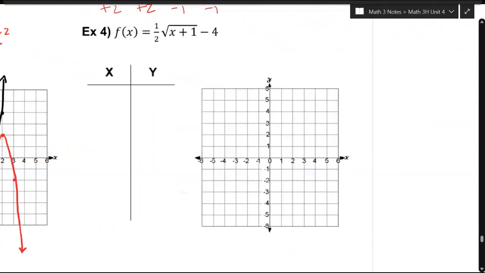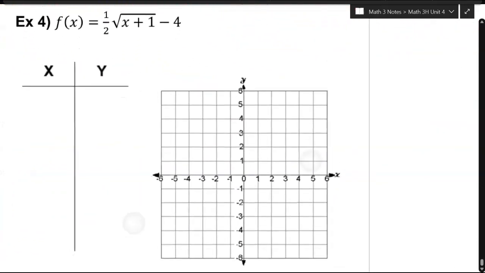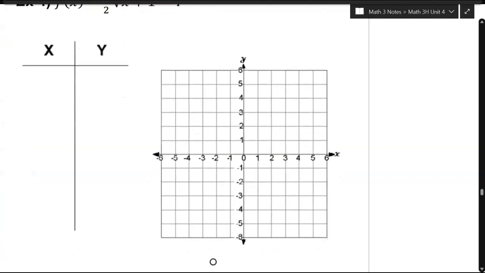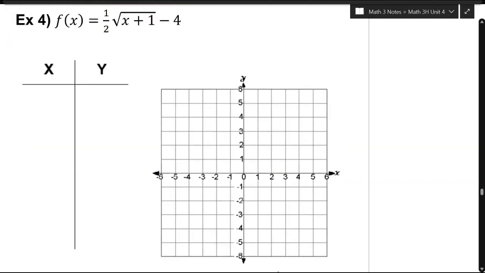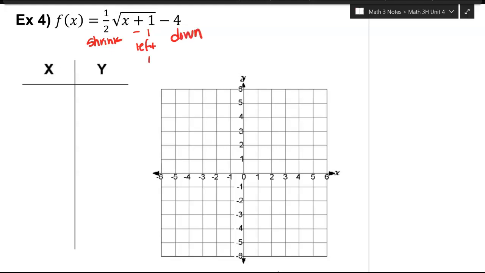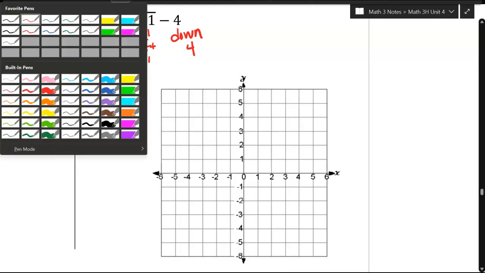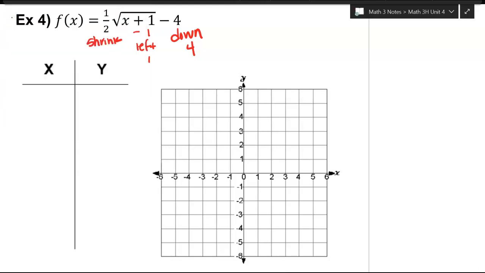All right, next one. Looking at our transformations, it's a 1/2, so it's smaller than 1, so it's going to be a shrink. We don't have any negatives in front of our equation or in front of x, but then remember we're going to minus 1, so that's going to be left 1 and then down 4. And then our parent function is our square root of x.